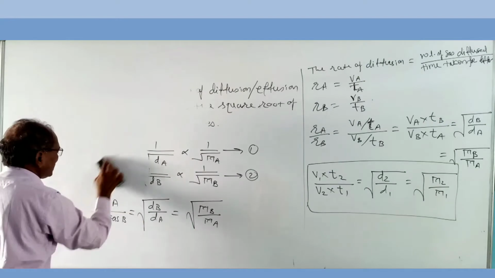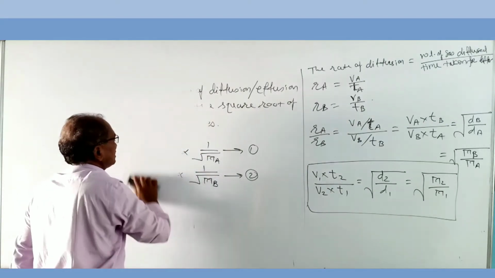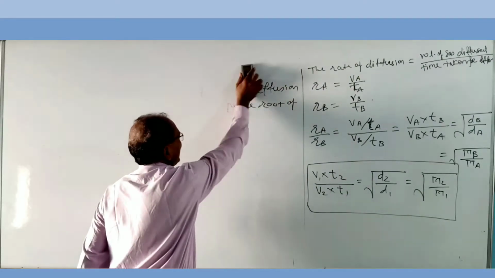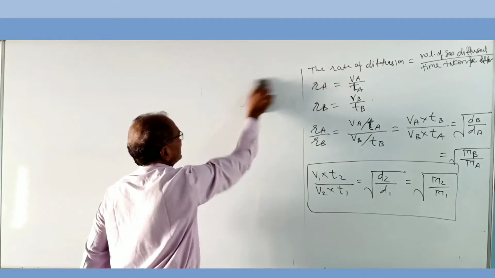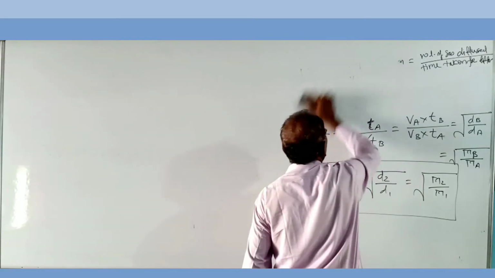Why do real gases deviate from ideal behavior to non-ideal behavior?